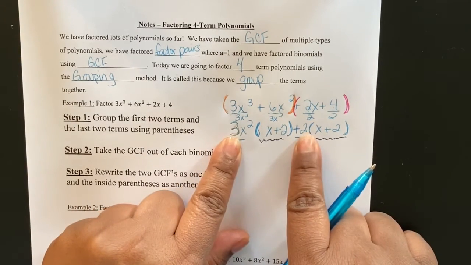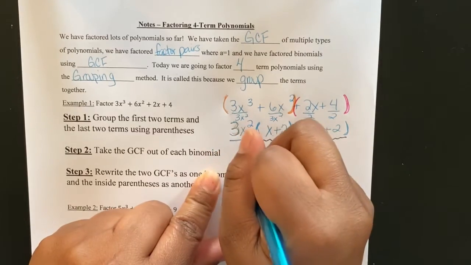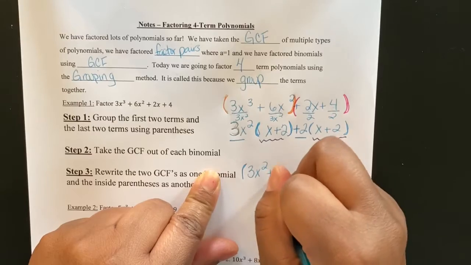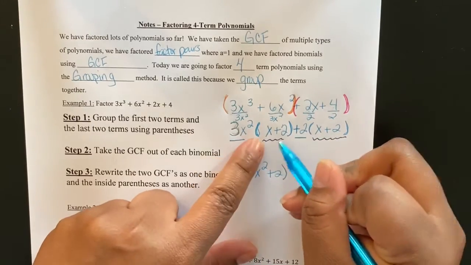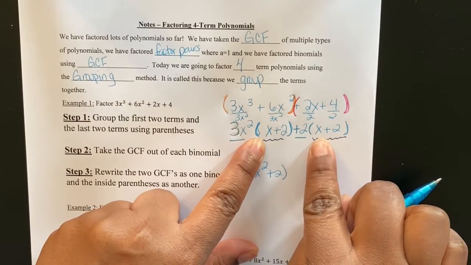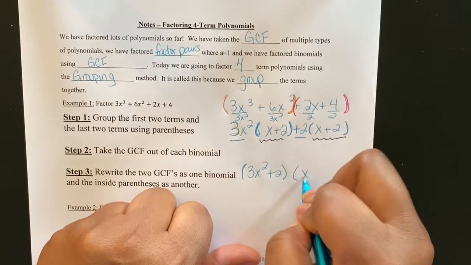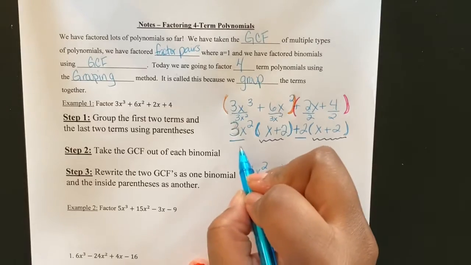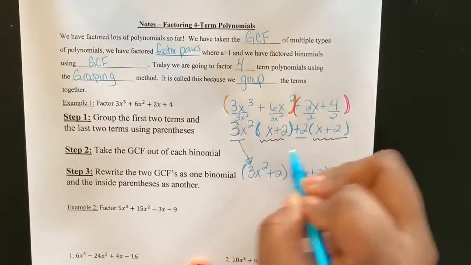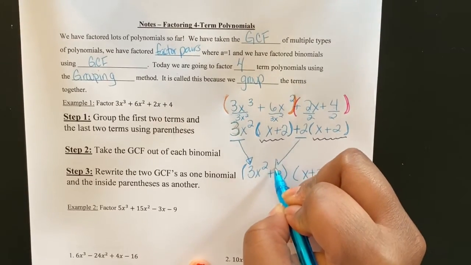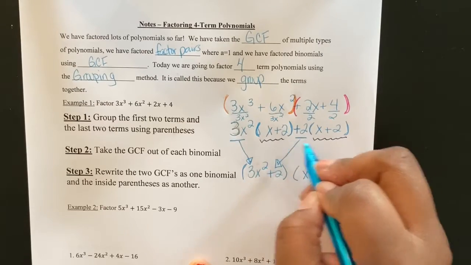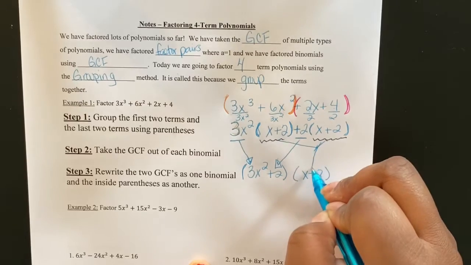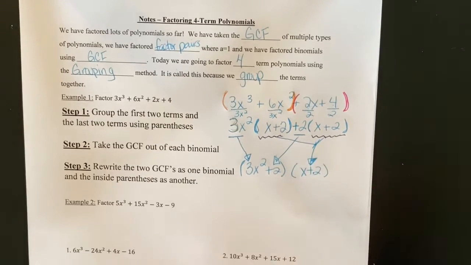So the two GCFs are one binomial, 3x squared plus 2. And then the two in the parentheses, what was left is one binomial, x plus 2. So what we did was we took the two GCFs and we put them together. And we took the 1. This becomes 1. And we put that together. Okay.